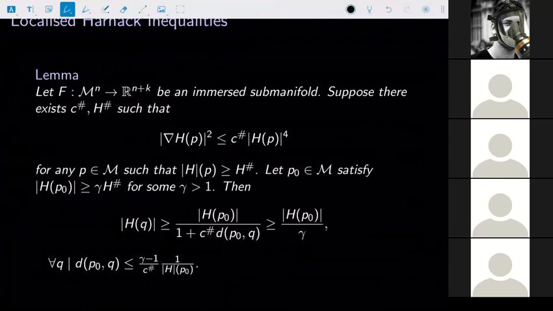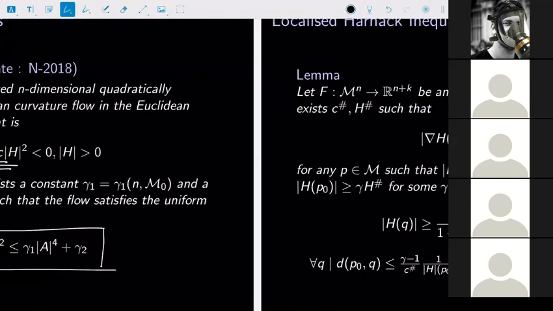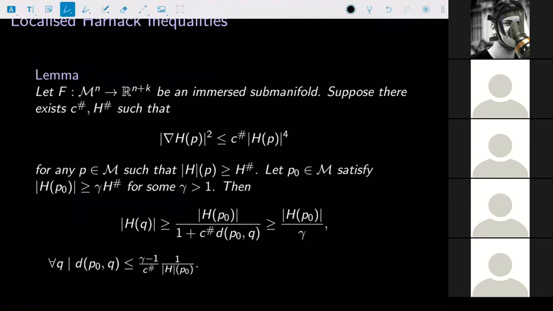This proof is fairly straightforward. It only requires you to use a maximum principle. So you can avoid the more complicated use of symmetric polynomials or Stampacchia iteration if you use this quadratic pinching term. And what do you do once you have a gradient estimate? You integrate gradient estimates along geodesics.